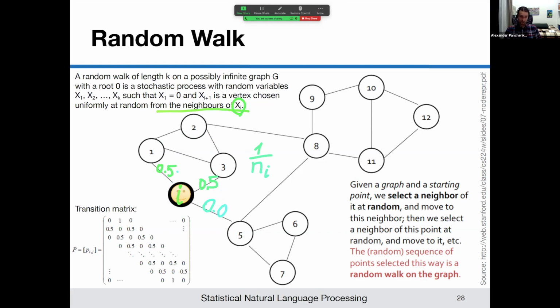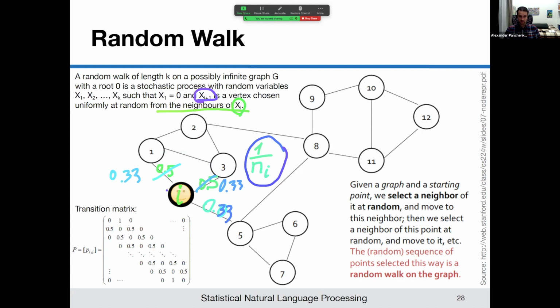Or you just have something like 0.33 here, and then 0.33 here, and then 0.33 here, which would correspond to this formula. Then what you're going to do, you select the value of this random variable according to these transition probabilities.